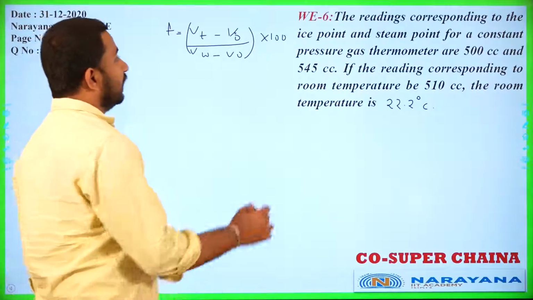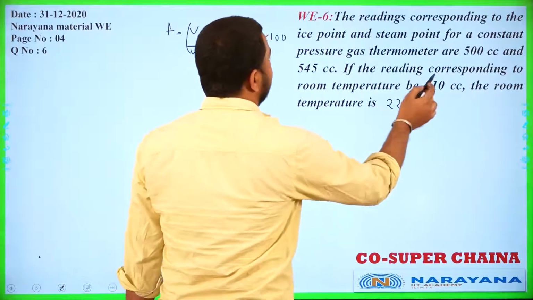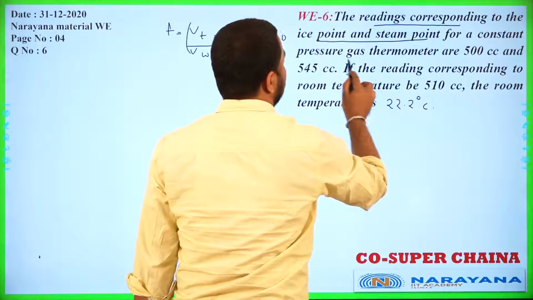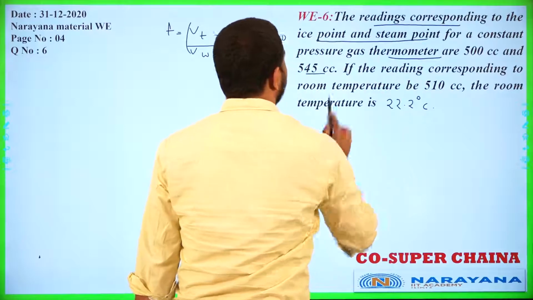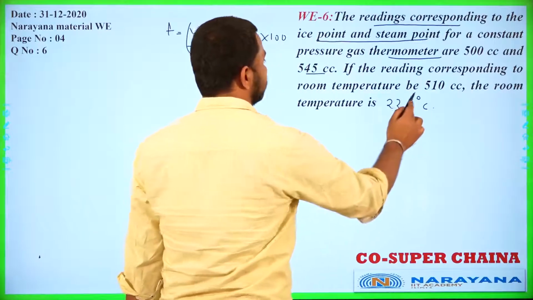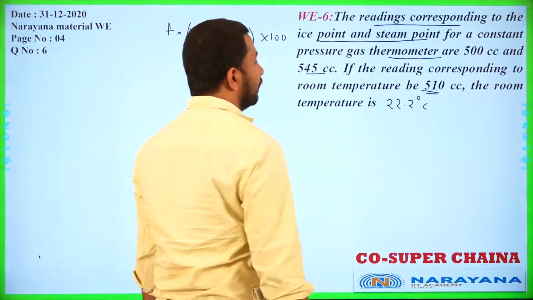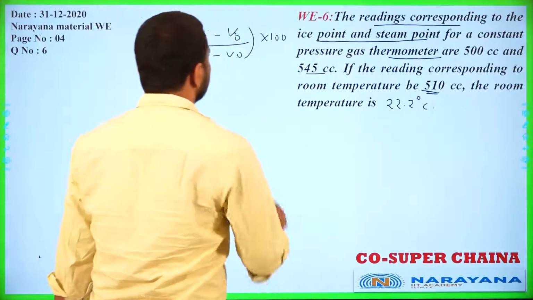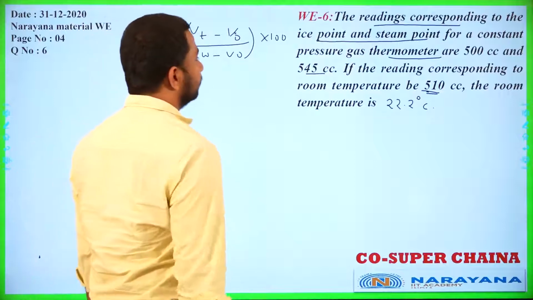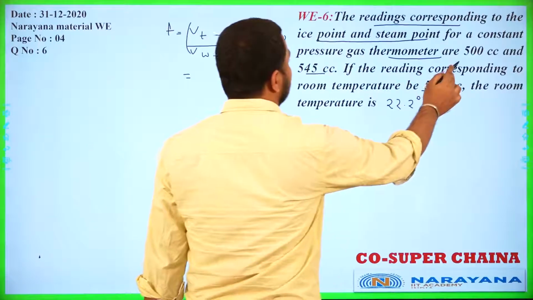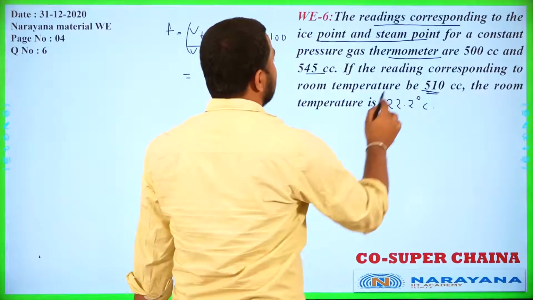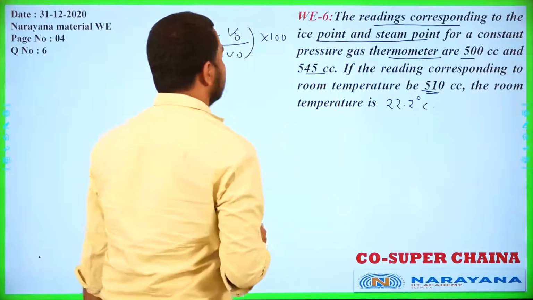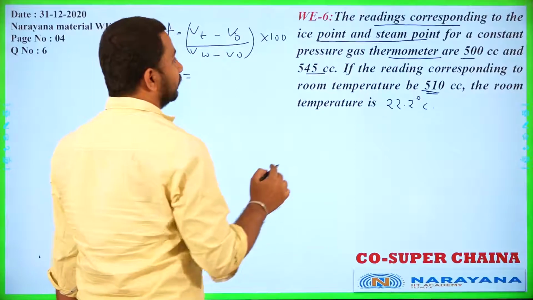Students, here we are given values: the readings corresponding to the ice point and steam point are given as 500 and 545. You have to find the temperature when the reading is 510. So just plug in the values here. In this question, constant pressure is given, and V0 is given.